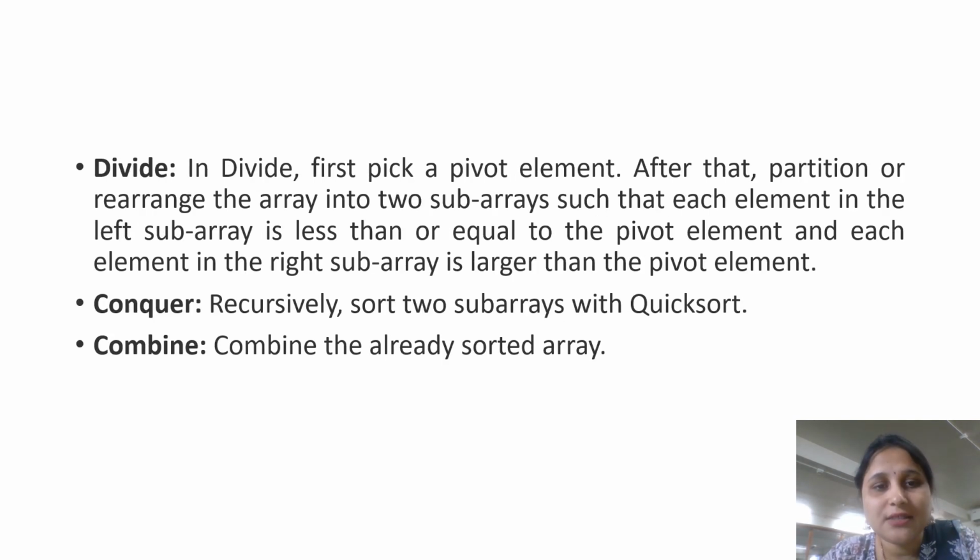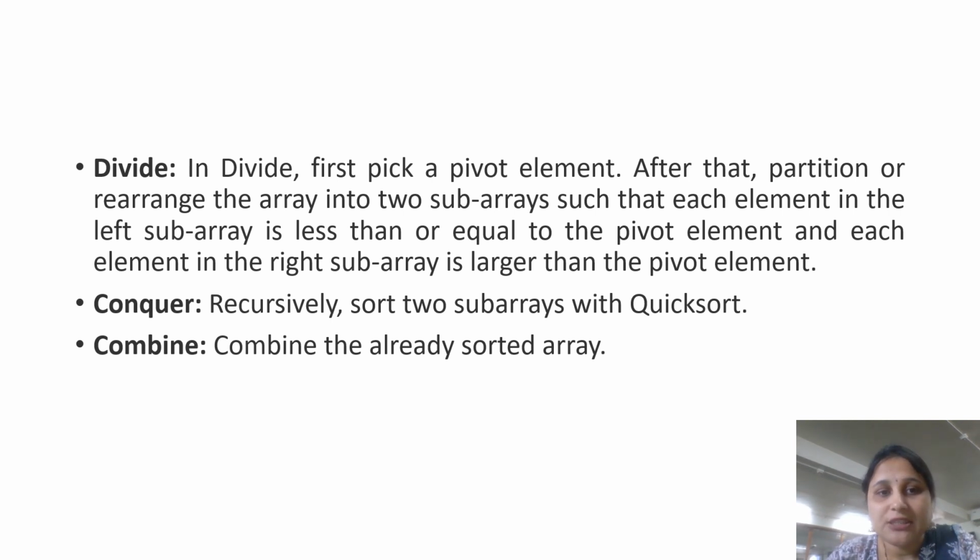Now let's see what we mean by divide. In divide, first we are going to pick a pivot element. Now see students, the pivot element can either be the rightmost element, the leftmost element, or an element at the center. In the example, I'll be showing you what happens when we choose the pivot as the rightmost element in the list.